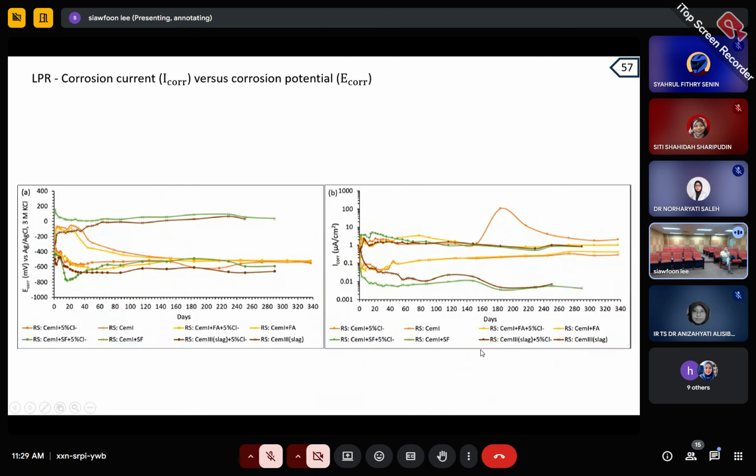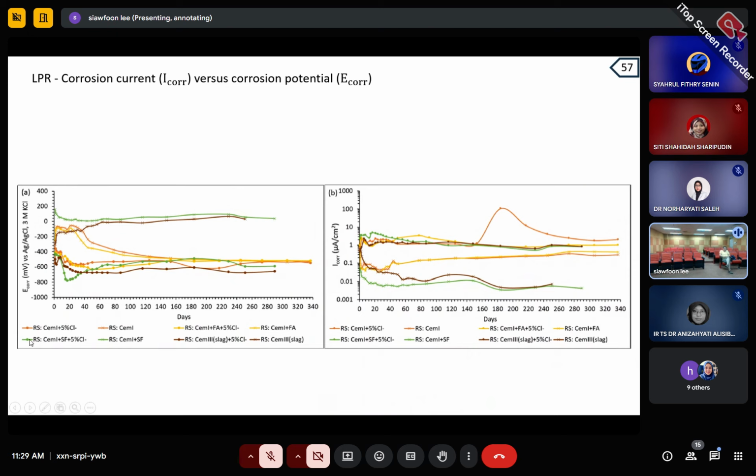So then I applied all the techniques that I explained to you, the corrosion potential and the other techniques. And I can see that if you look at this green line here, this green line refers to the cement 1 plus 8% of silica fume, and this one I add 5% of chloride ion, and another one without the chloride ion.